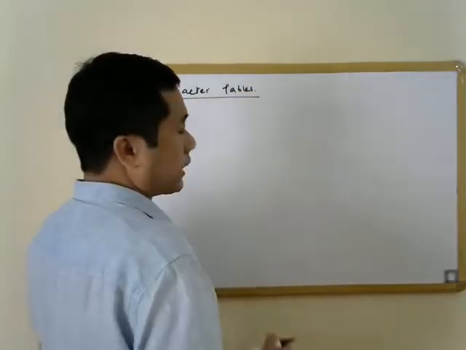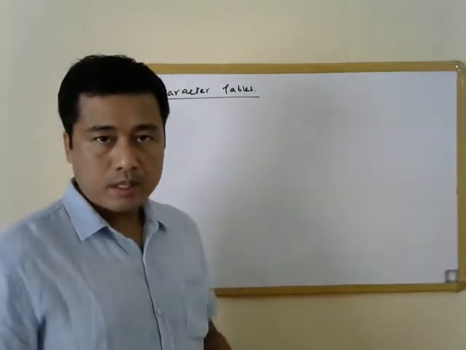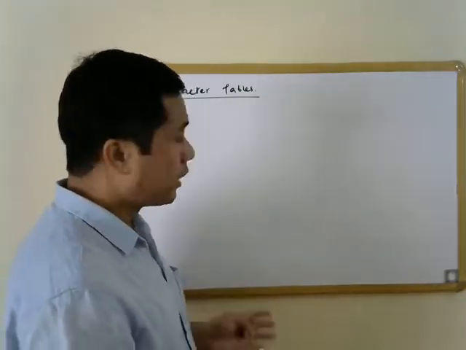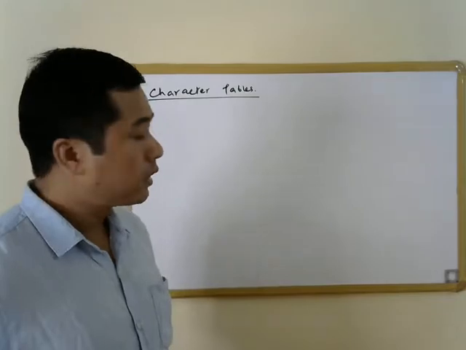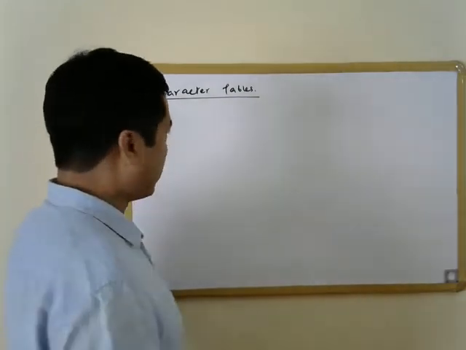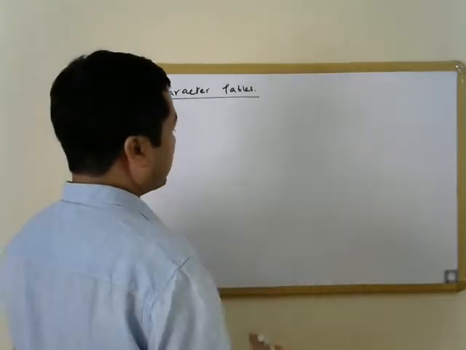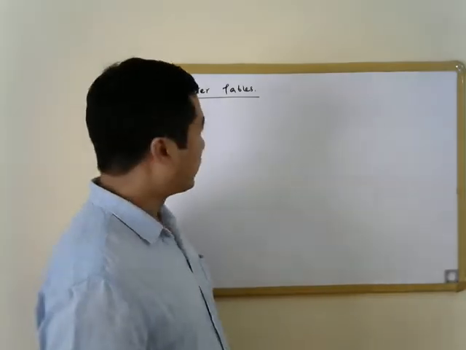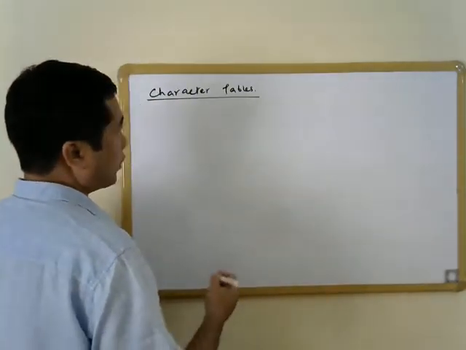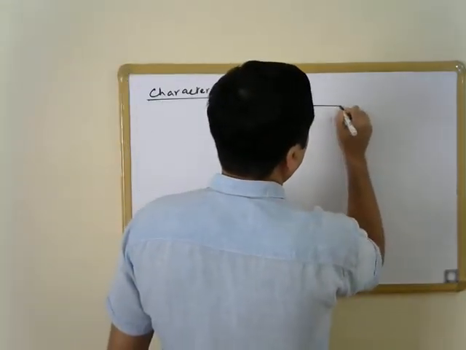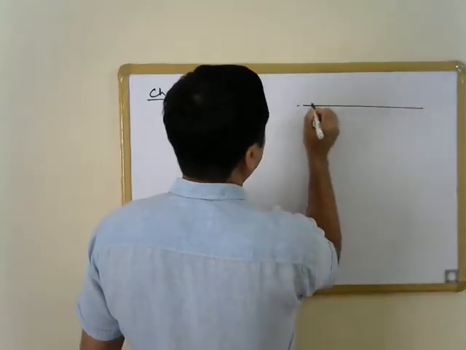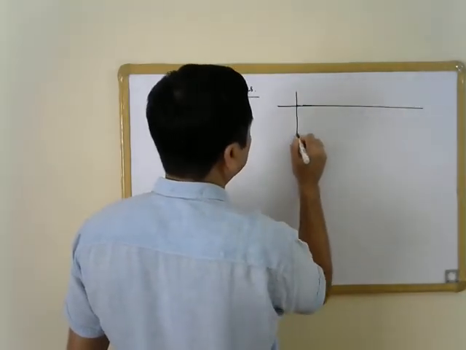So there are several sections in the character table. We will see what is given in each of the sections and what is the significance of this information. So for example, let's take the character table of the C2v point group and see what information is present within this C2v point group character table.